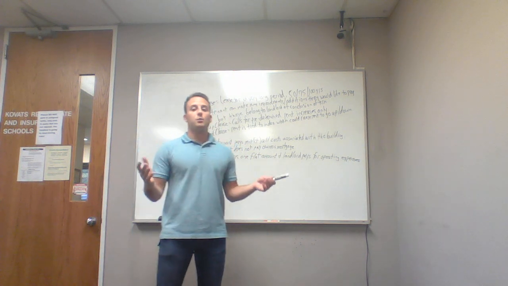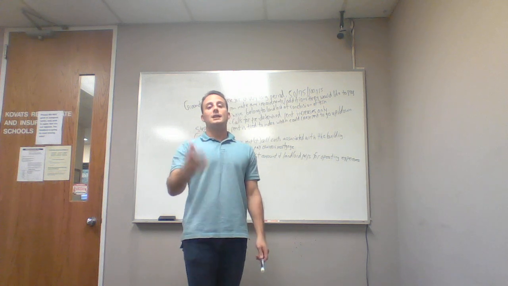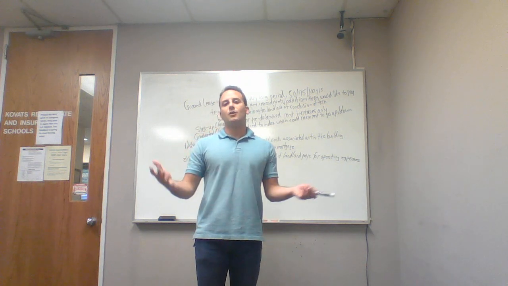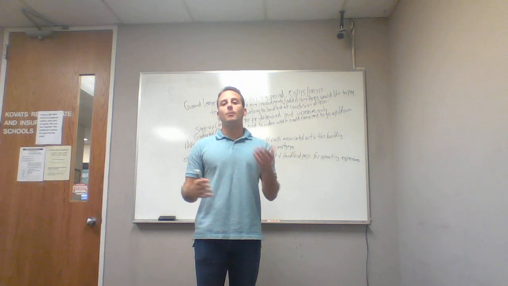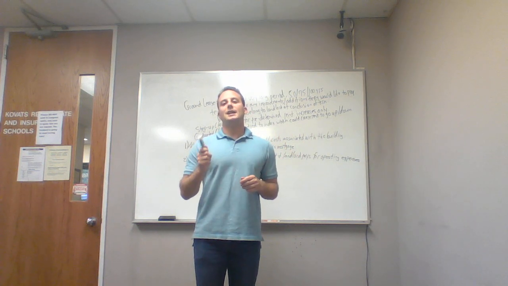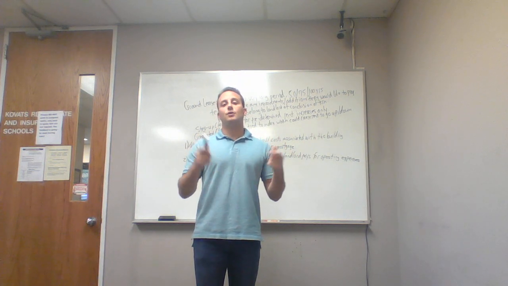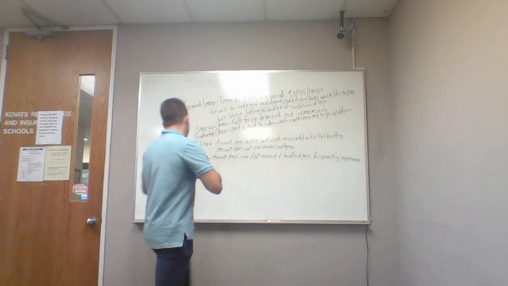The tenant pays rent plus a percentage of their gross sales. Typically found in a shopping mall, so make sure you write down shopping mall with this. So again, this is called a percentage lease.